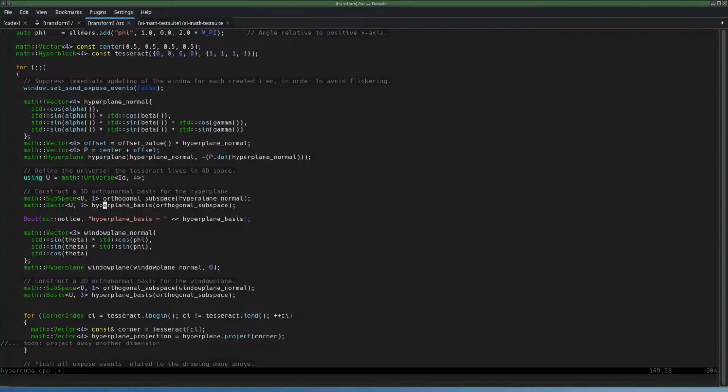So this is a subspace. It's orthogonal to the hyperplane. Just prepending hyperplane in front of it: hyperplane orthogonal subspace.